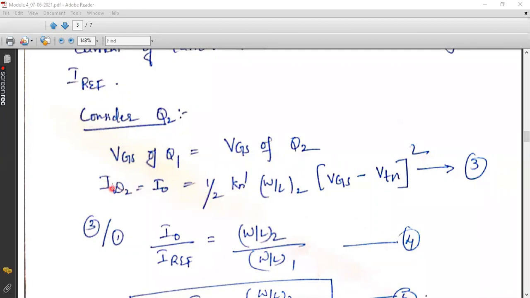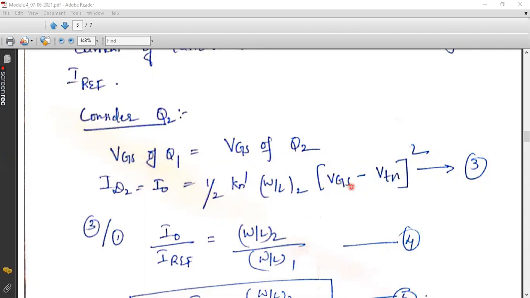So first I'm going to write the equation for ID2. What is ID2, students? ID2 is the drain current of Q2, which is equal to I0. So how can you write the expression again by using the saturation condition: half Kn dash W by L to the base 2. Since I'm focusing on Q2 right now, I will replace it with 2, into VGS minus VTN the whole square.